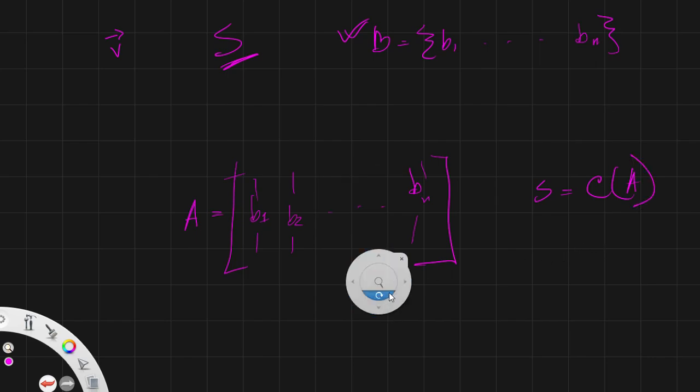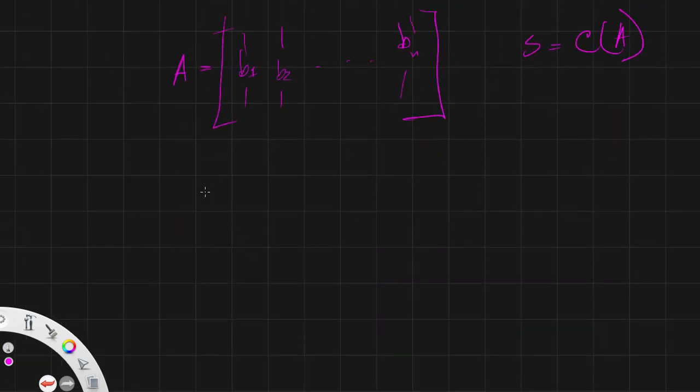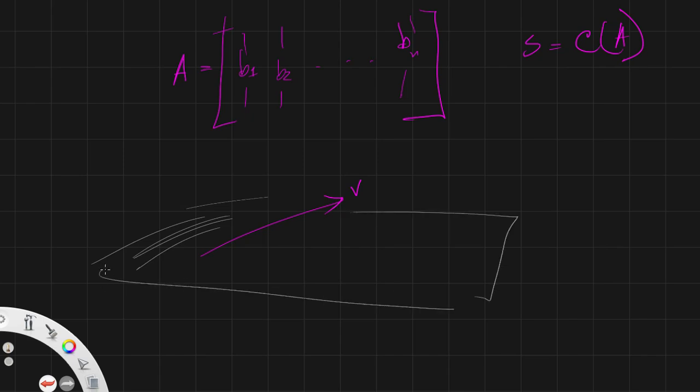Now we are going to try to project V onto S. So let's try to draw some figure. This is V. So let's say we have a vector space. This is S. V does not belong to S, because if V was a member of S, the projection of V would be itself.